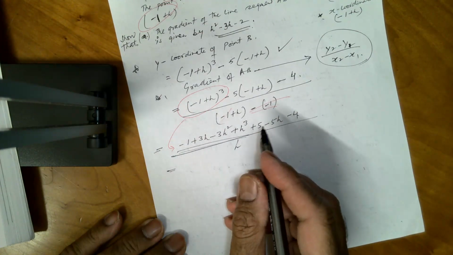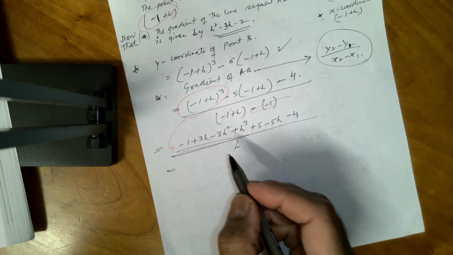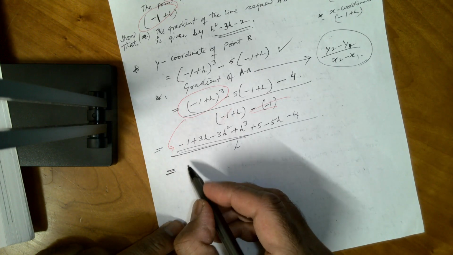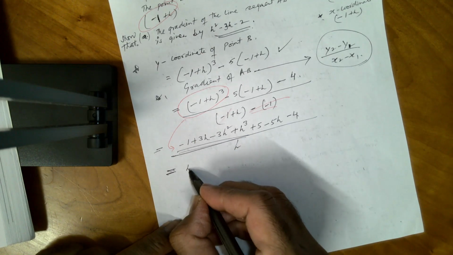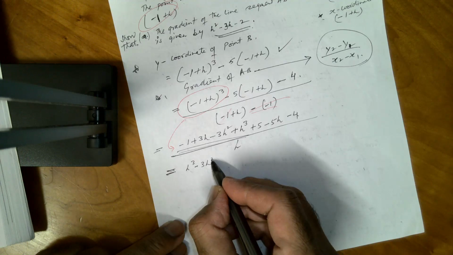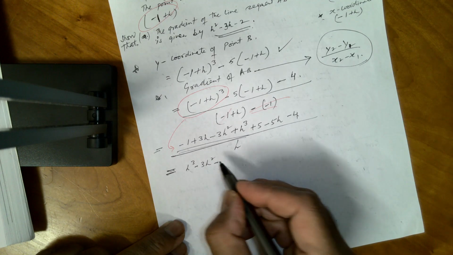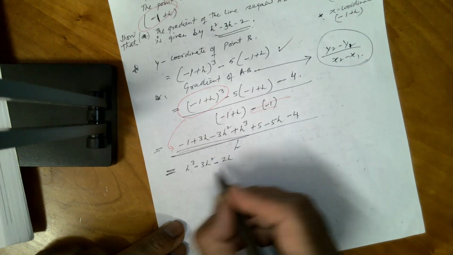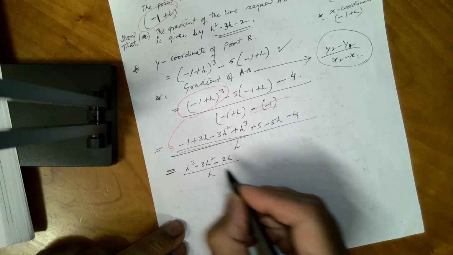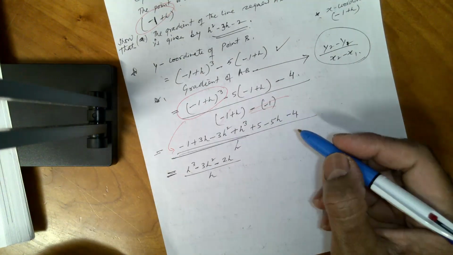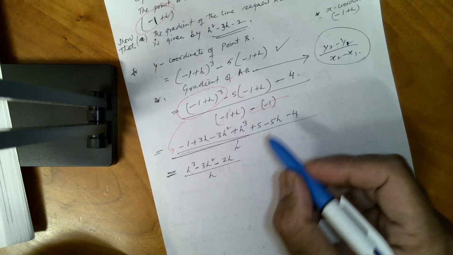Then let's solve this. That is your h cube minus 3h square minus 2h, and that divides by h. So how did we get this one here? Let's see what cancels out.